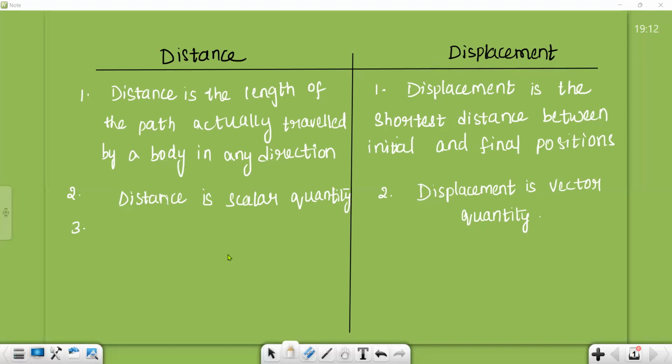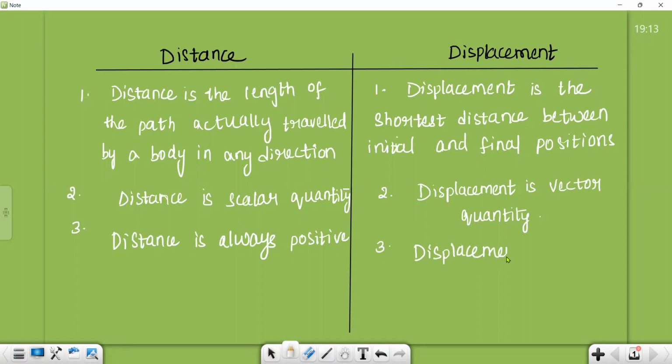Distance is always positive. That is the other point we can write. Distance is always positive. Whereas displacement can be negative, positive, as well as zero. If initial and final positions are the same, then displacement is zero, isn't it?